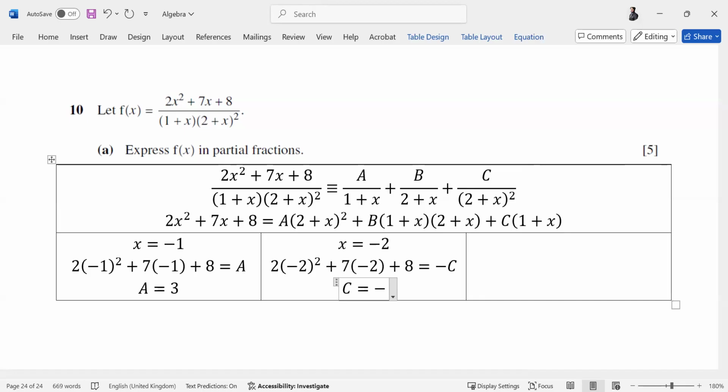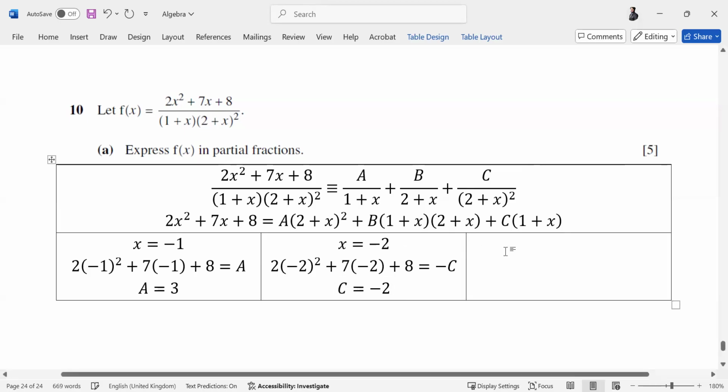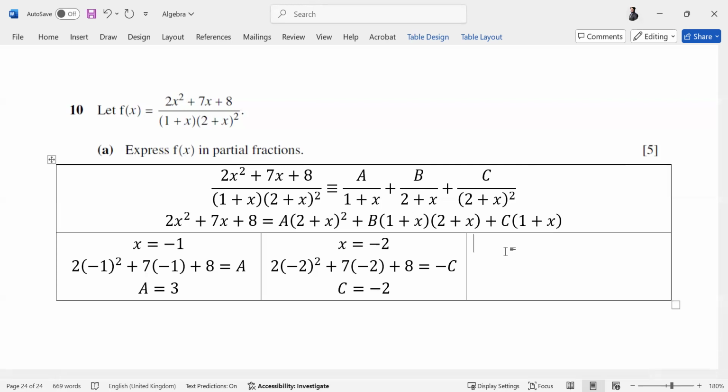What is the value of c? 1/2 or -2? -2? Okay. Then we already know the value of a and c.